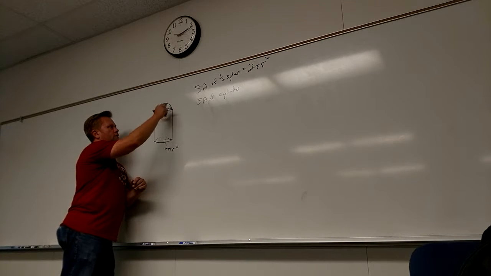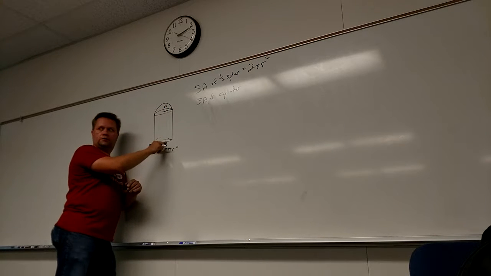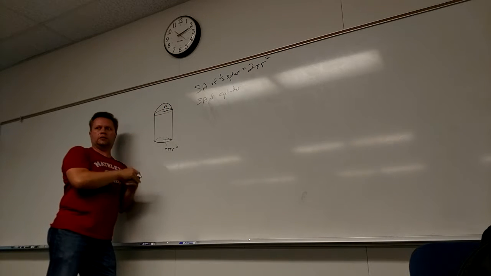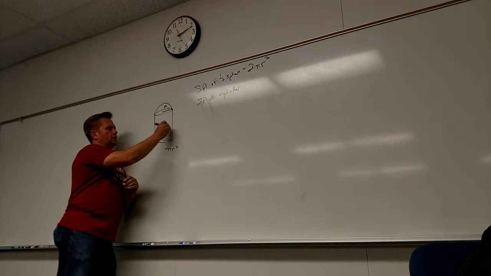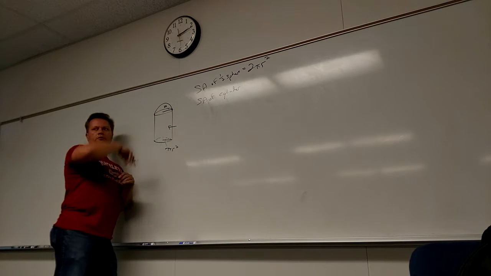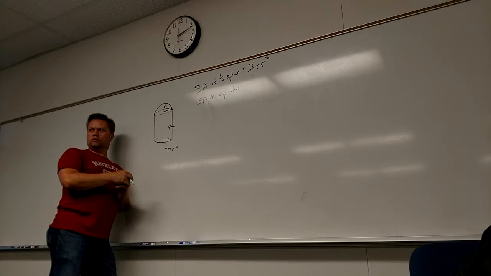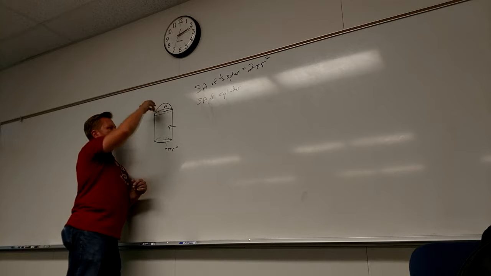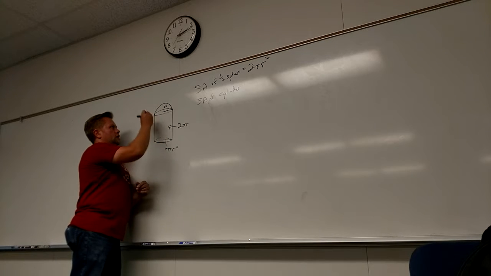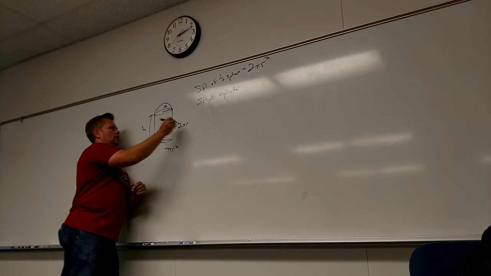Everybody cool with the fact that the sphere has the same radius, of course, because it's sitting on top of the cylinder? And what is the surface area of the surroundings? Does anybody remember? 2 pi r, which is the circumference, times the height.